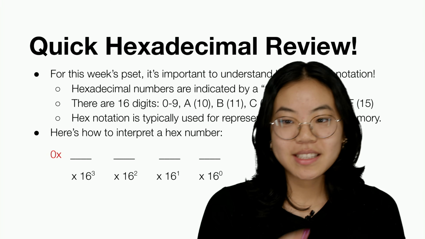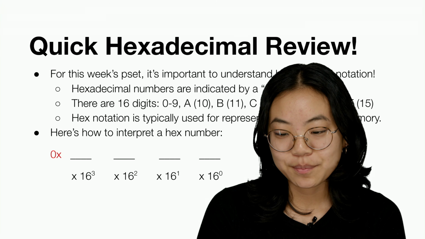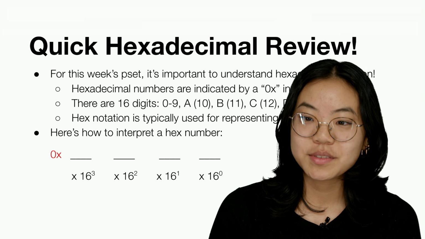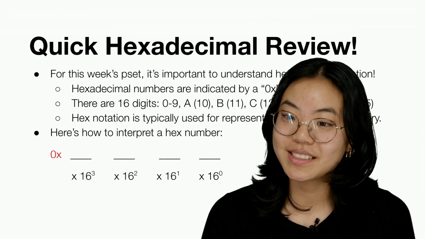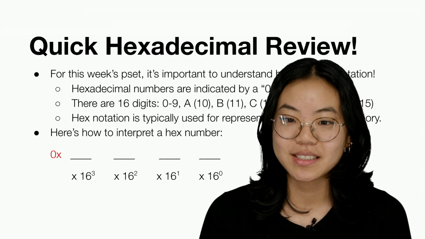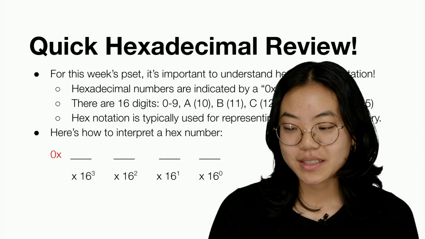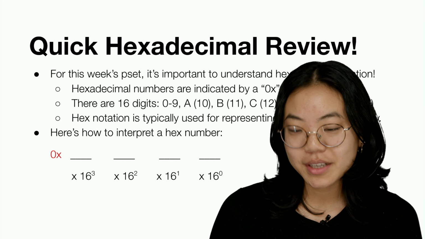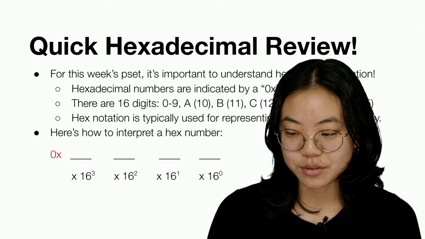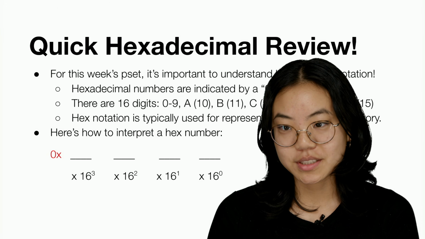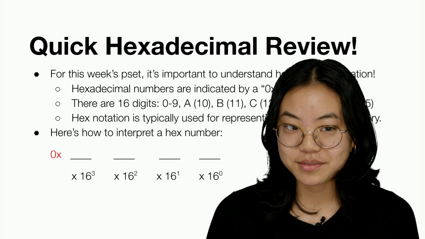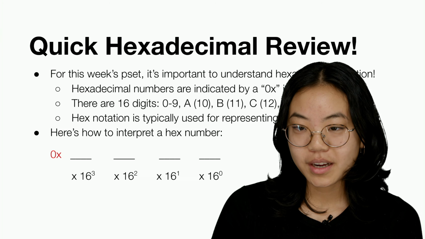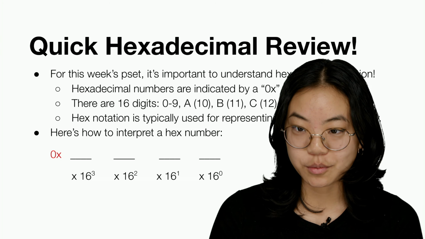This base 16 system is not too different from what you've seen before in the base 10 system that you use on a daily basis. So when you normally see a number like 15, in your head you very quickly are doing the same sort of 10 to the 0, which is 1, times 5, so I have 5, and then the 1 is in the tens place, so 10 to the 1.